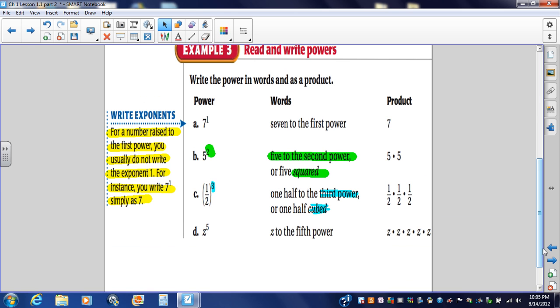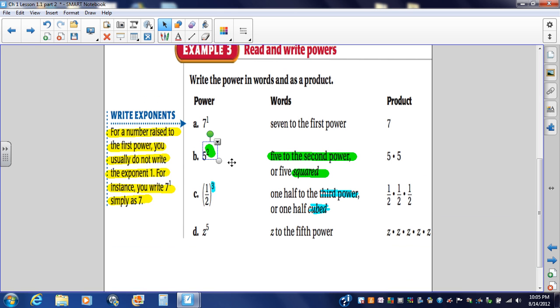All right, just a couple of reminders. If you are writing a base to the first power, you usually do not write the exponent of 1. So for example, right here, if you had 7 to the first power, or an exponent of 1, you don't have to write 7 to the first, you just write 7.